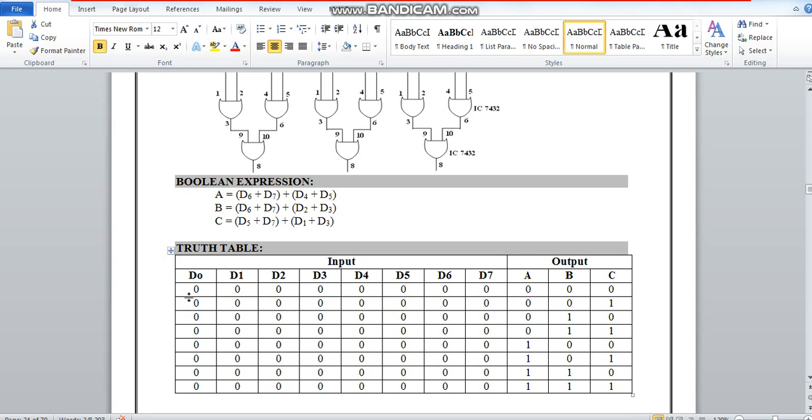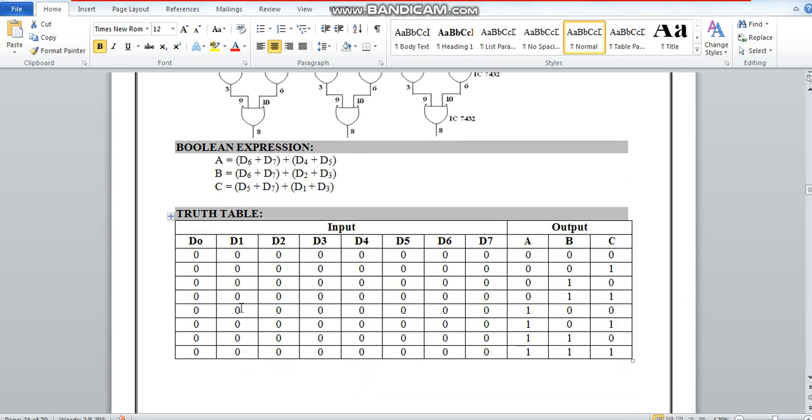When this is 1, your output will be equal to 1. When the 7th pin is 1, your output will be 111.